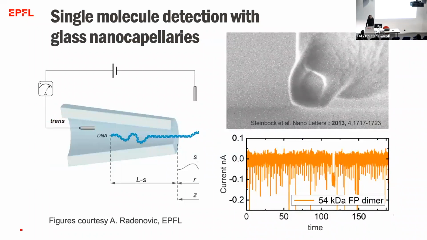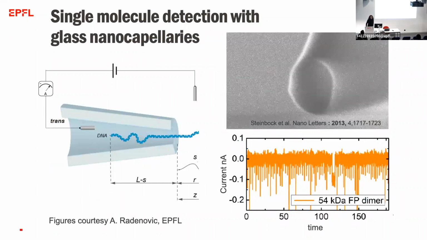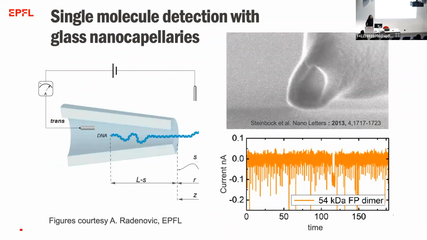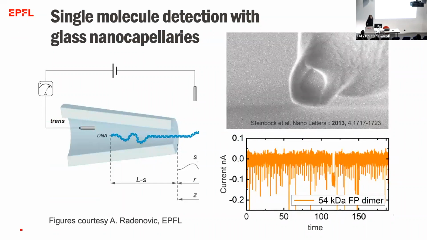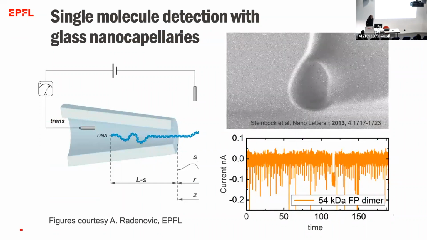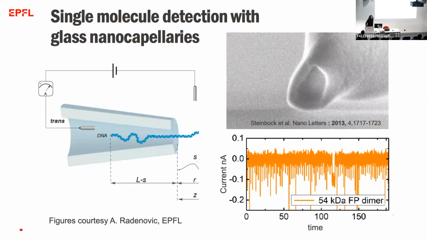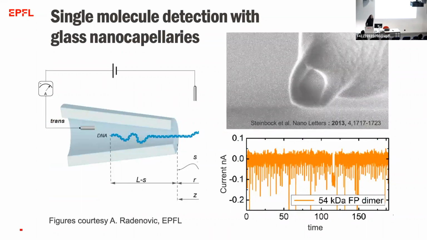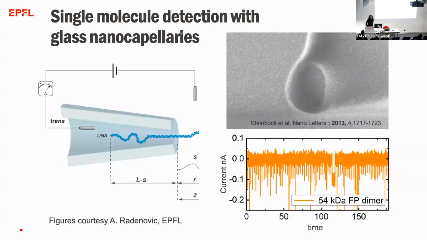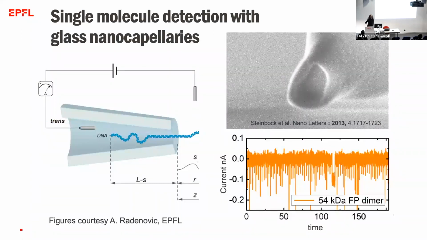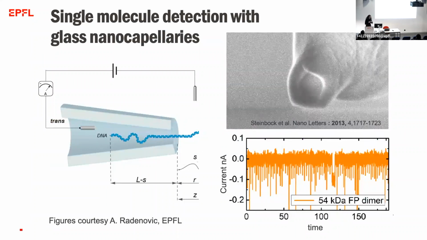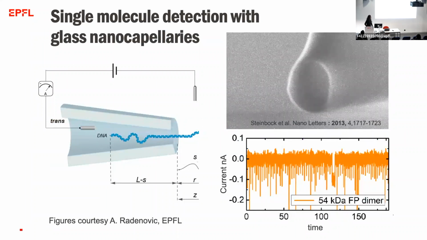They were able to pull the capillaries to specific sizes, but achieving sub-10 nanometer diameters just by pulling is still very, very difficult. It also comes with some drawbacks, such as a high aspect ratio and very large pulling areas.